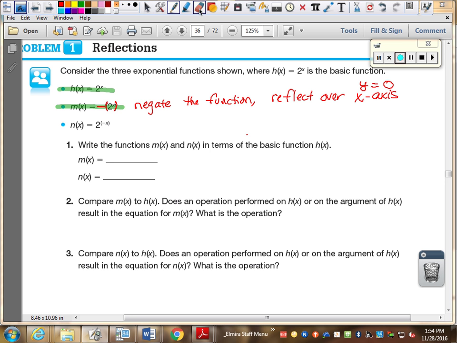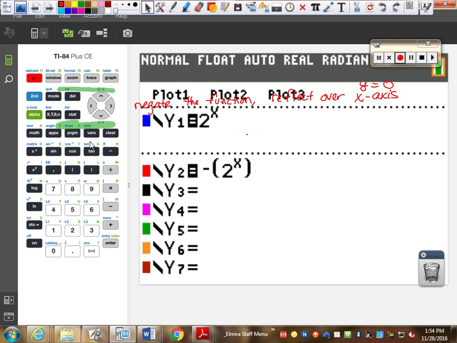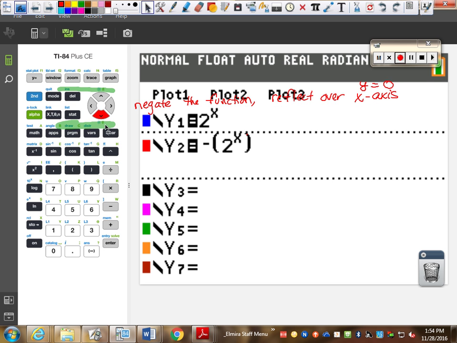Now I want you to put h of x and n of x into your calculator. What's the difference between these two things?